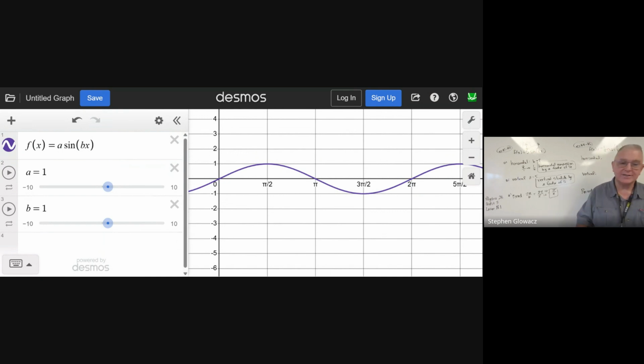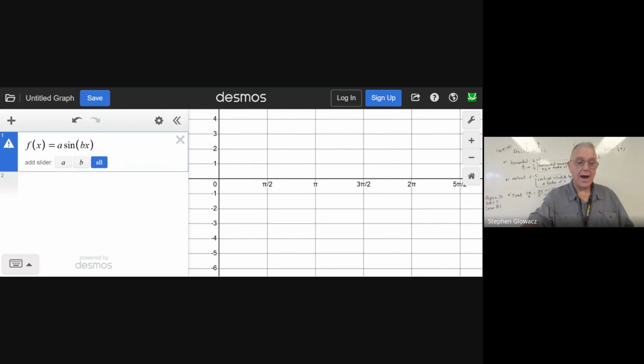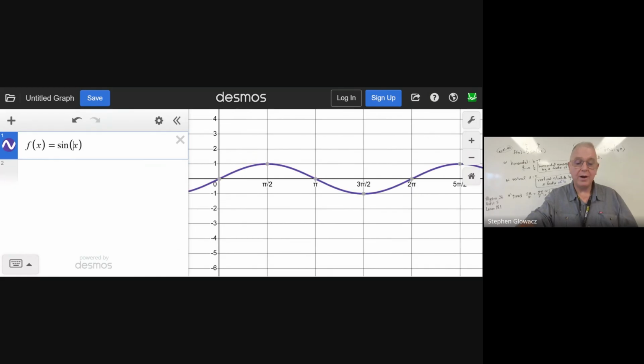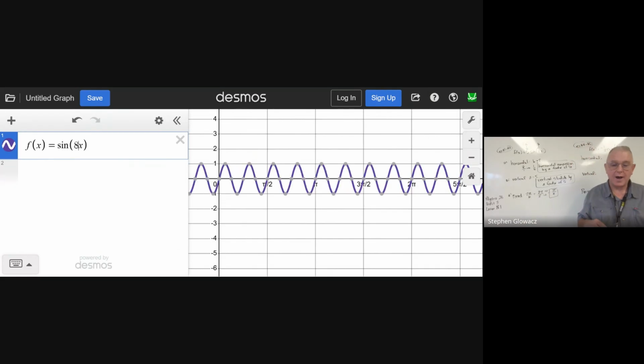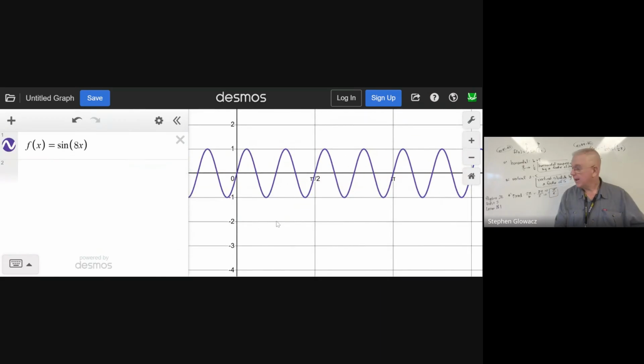And let's actually see that. Let's get rid of the sliders. I don't think we'll need those. Let's leave off the 5. Now remember, the normal period is 2 pi. Notice here, we're going to zoom in. We said the period is pi over 4, or 1/4 pi.